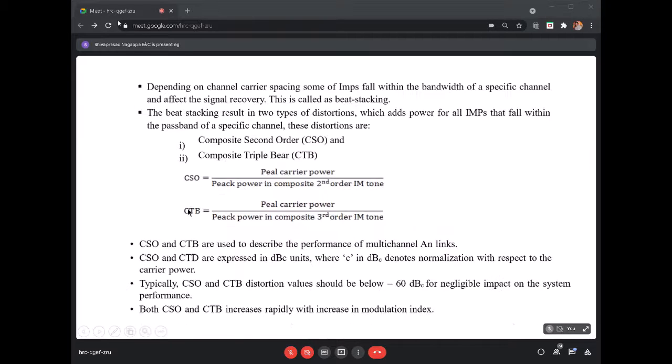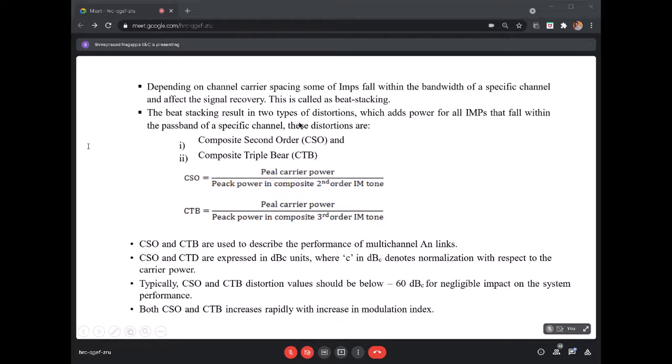Fine. Based upon the channel carrier spacing, some of the IMPs fall within the bandwidth, which is undesirable. This intermodulation distortion is going to fall within the bandwidth of a specific channel.